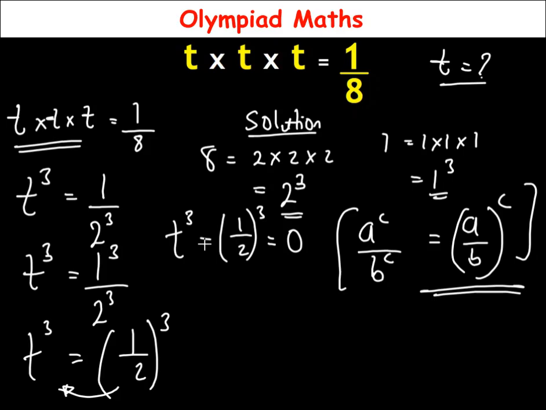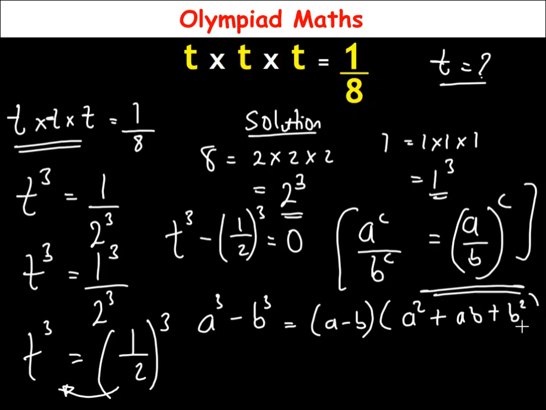Now looking at this, we have difference of two cubes. If you have a raised to power 3 minus b raised to power 3, this equals a minus b multiplied by a squared plus ab plus b squared. In this case, the value of a is t, while the value of b is 1 over 2.